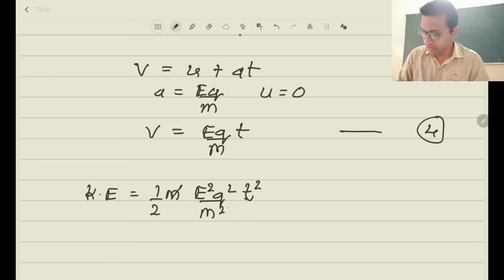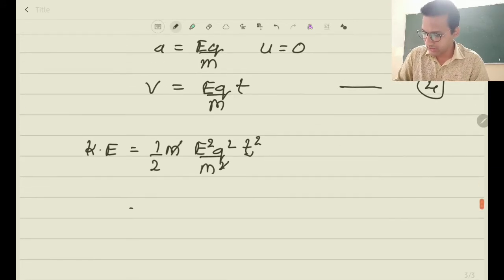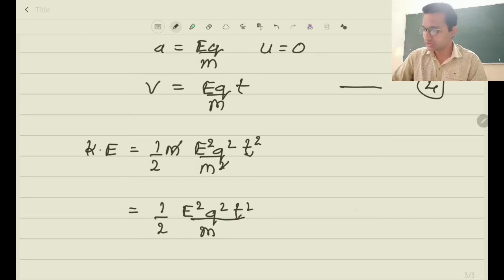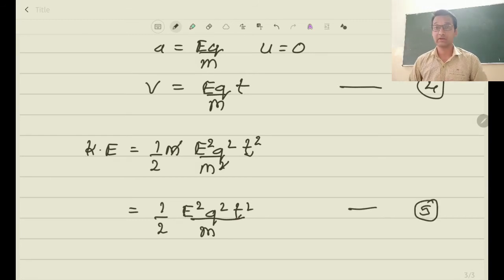Here 1 power of m will cancel, and we will get an equation for kinetic energy: e square into q square into t square by m. Now this is a more useful equation in electric field than 1 half mv square.